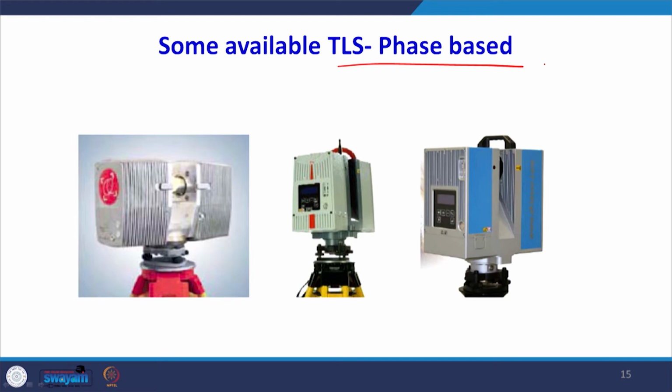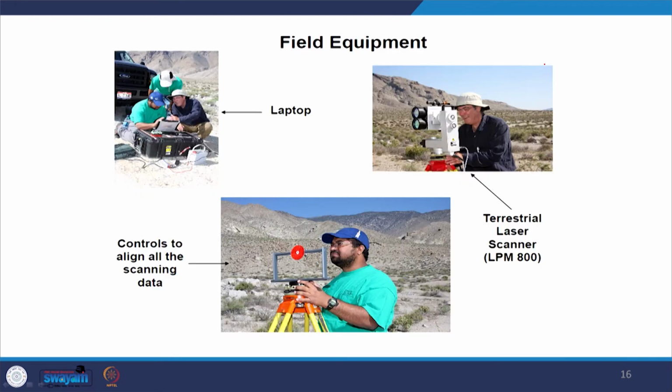These are available commercially in the market, but along with that instrument, when we are working in the field, we require some other peripherals. Like you can see a person here working in the field, and he has a laptop so that he can do certain computations and provide the controls.